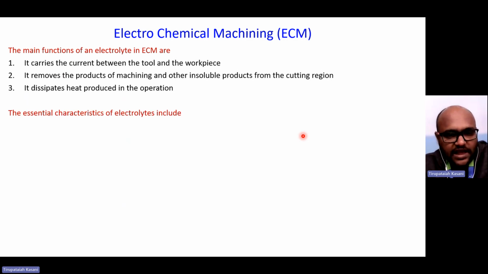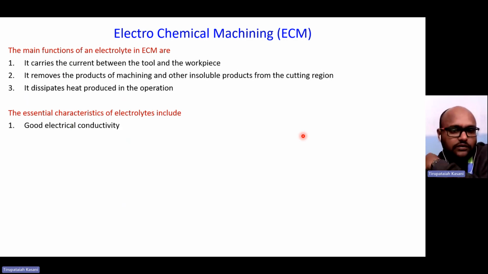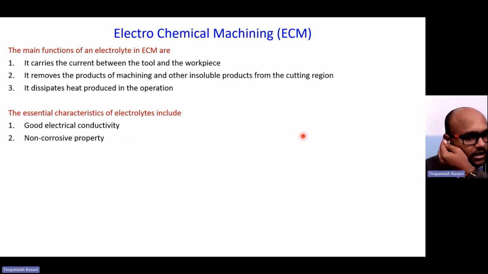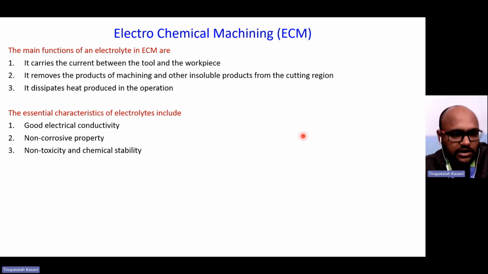And the essential characteristics of the electrolyte include, what are the characteristics? Those were the functions. Now when it comes to the characteristics: good electrical conductivity, and non-corrosive property. If the electrolyte is corrosive, all the machine equipment will be damaged. That is the reason why non-corrosive property is important for the electrolyte medium. And it should be non-toxic, with chemical stability.